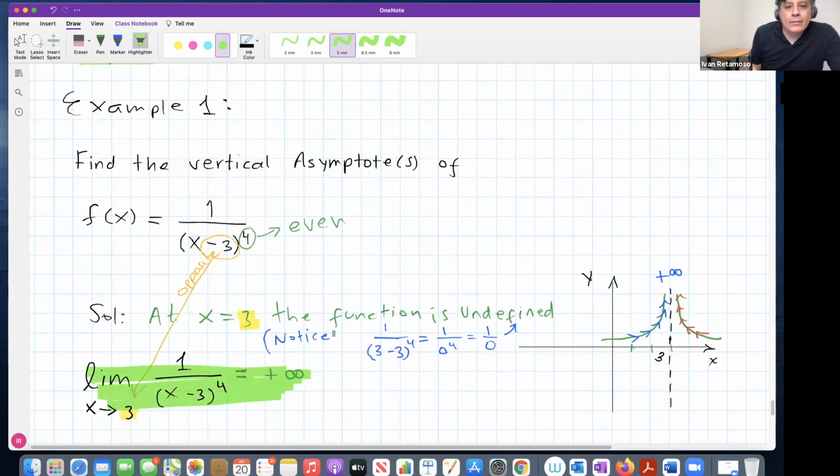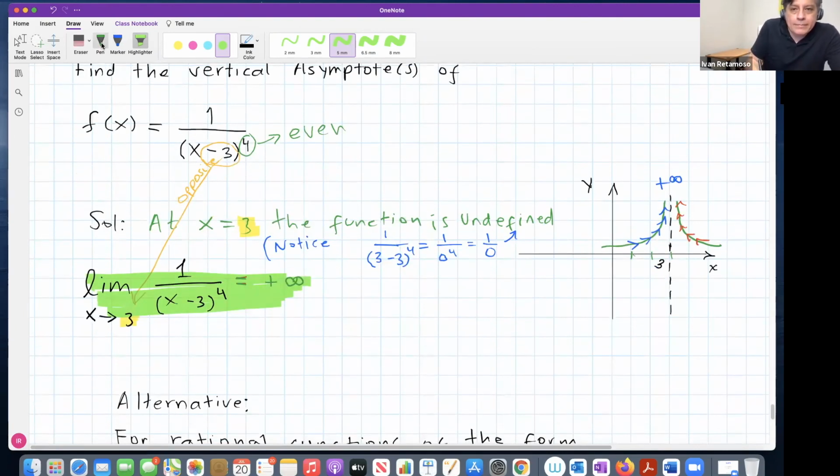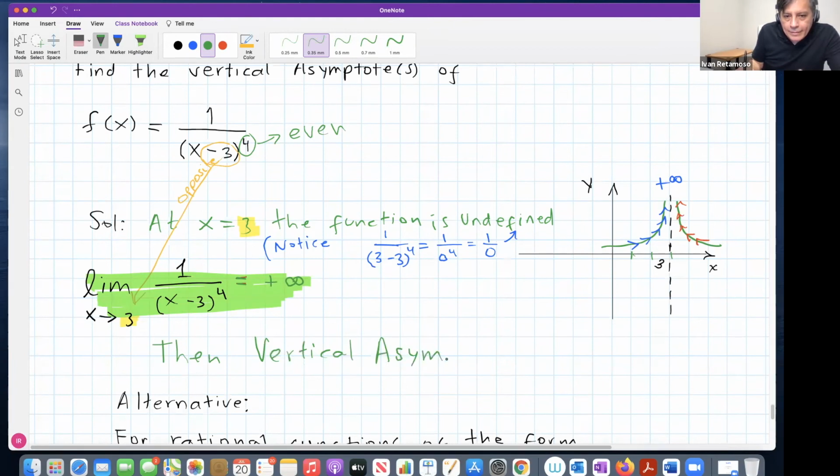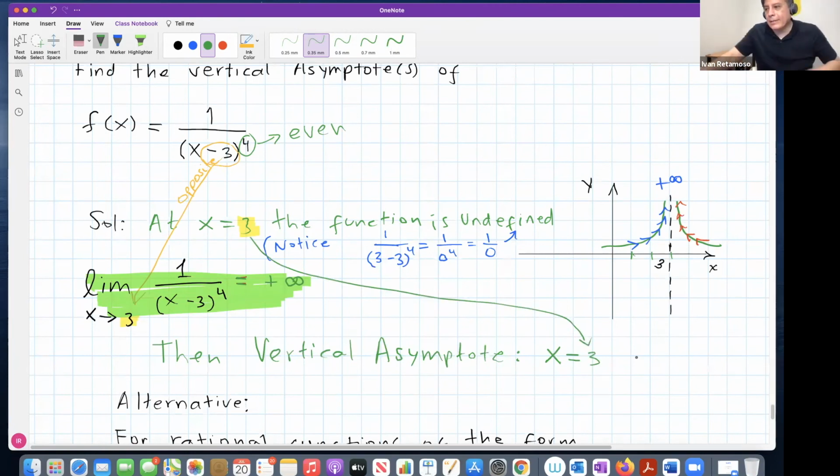Therefore, the vertical asymptote is defined by the equation x equals, and you take again this value, 3. So that's how you find your vertical asymptote, which is this one.